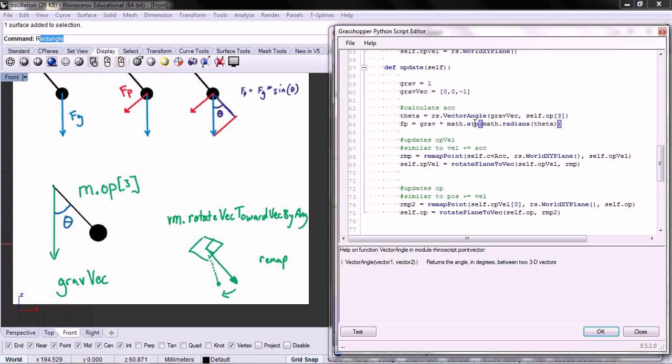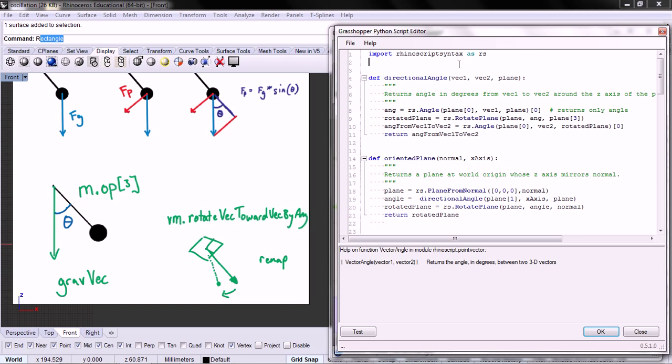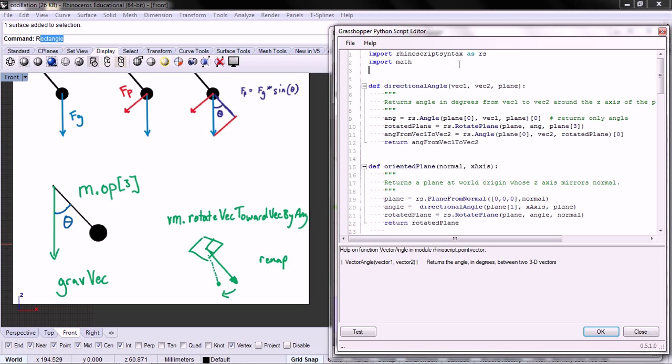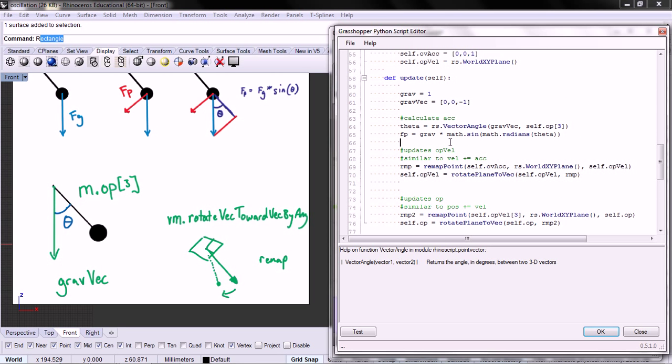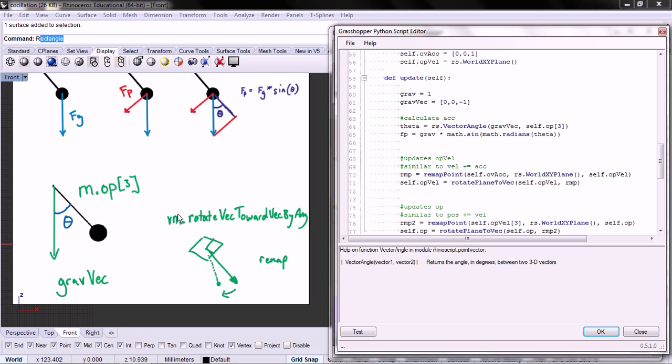So we need to import math, and while we're at it, we're going to import our vector methods, that library that we wrote quite a while ago, as VM. So the math takes care of the math, and then VM rotate vec towards vec by angle.